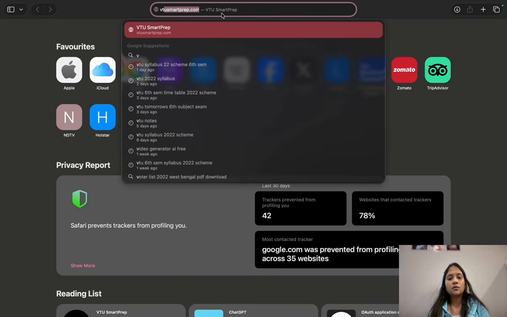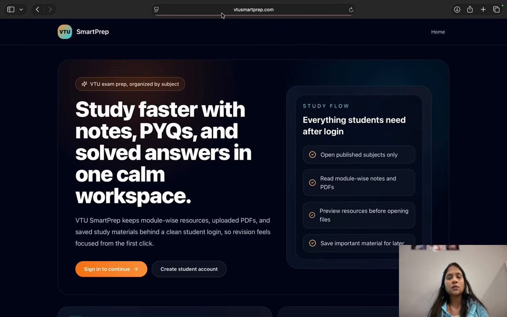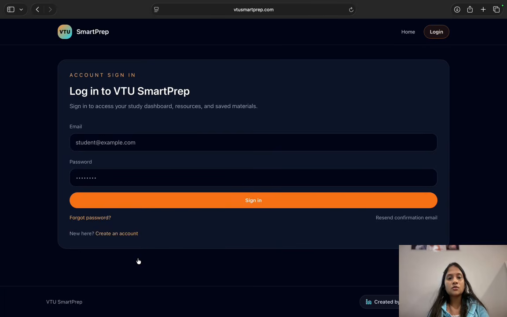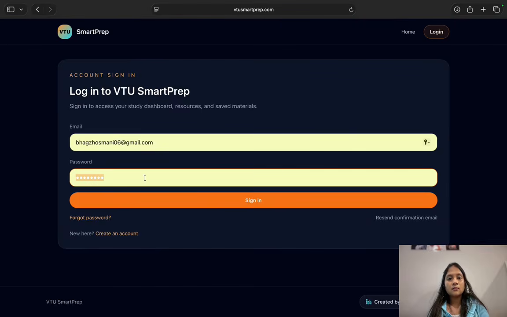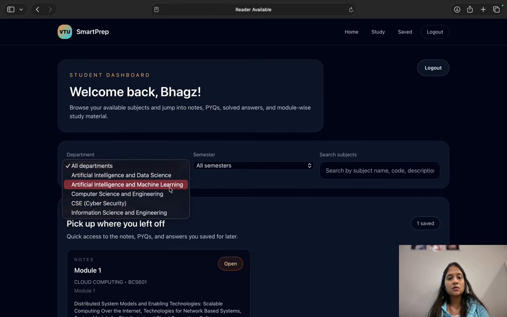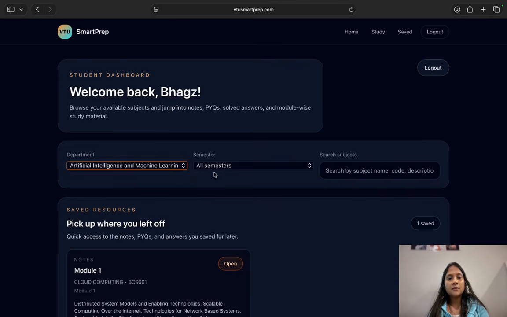Just go to vtusmartprep.com, create the account over here, and once you enter the details, click on sign up. Here I already have the account, so I'm just going to sign in. Once you sign in, just select the department.